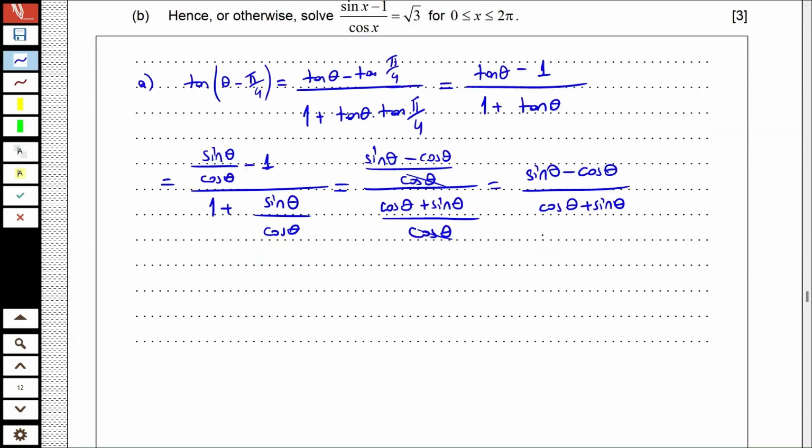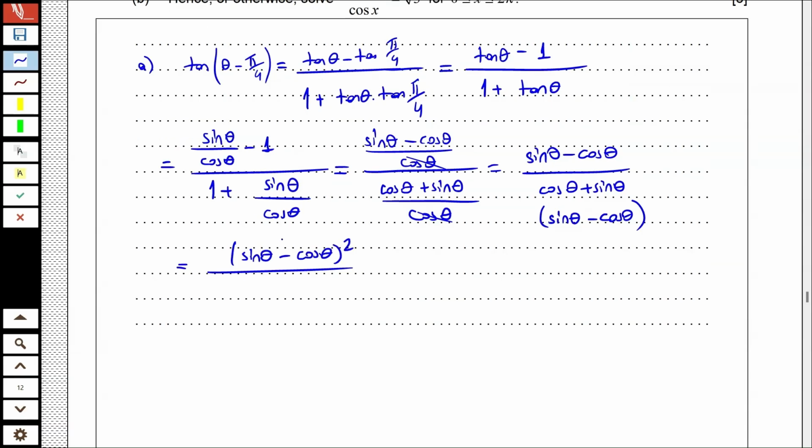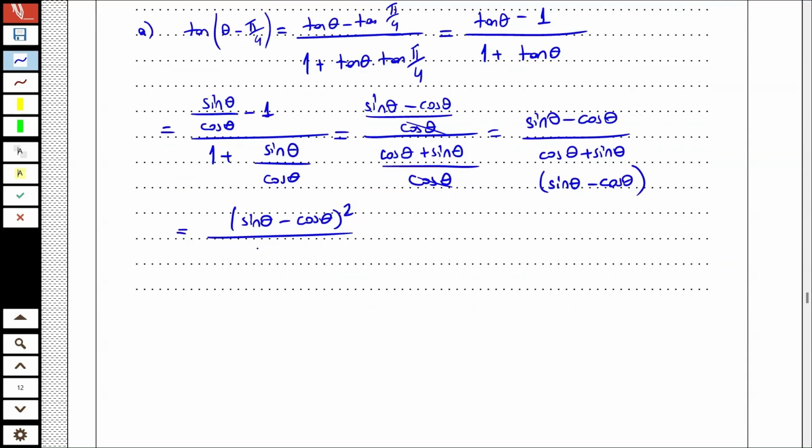If you also multiply both sides by sine theta minus cosine theta, we will find at the top (sine theta minus cosine theta) squared, divided by sine squared theta minus cosine squared theta, right?